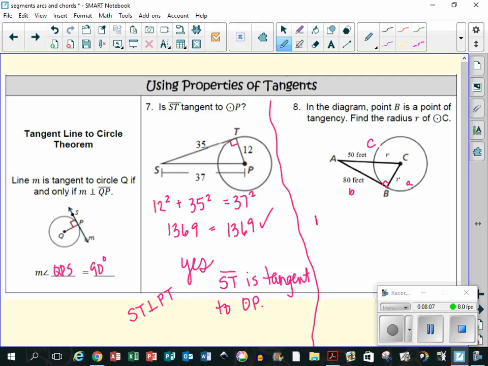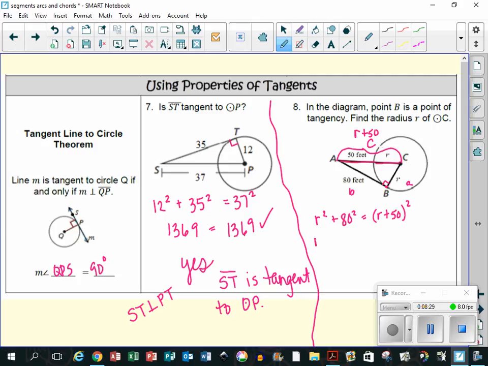So that gives me R squared plus 80 squared equals, well, what's the length of this whole side? If this piece is 50 and this piece is R, then the whole thing would be R plus 50. So now this is R plus 50 squared.